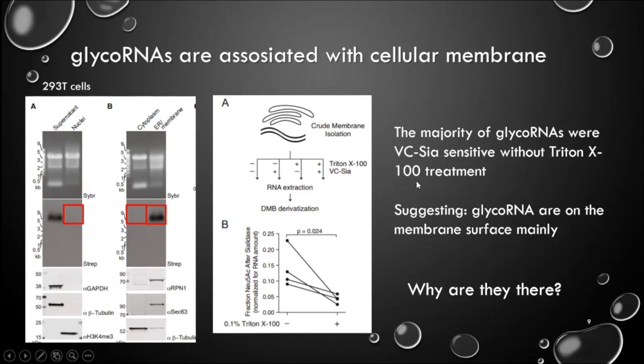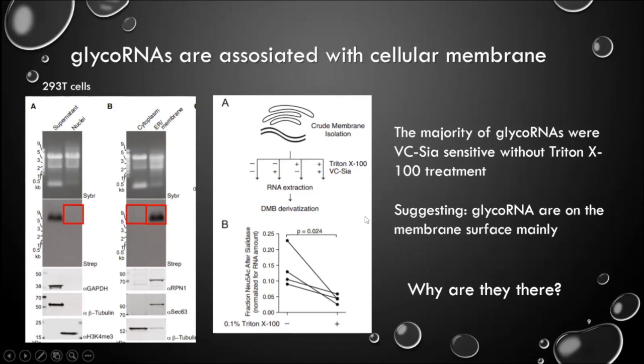They performed an experiment with crude membrane isolation using the detergent Triton X, which is supposed to destroy the membrane, and VCC, which is the enzyme that digests the sialic acids. Then after that treatment, they isolated RNA and again used the previously described DMB derivatization to show whether or not the peaks specific for Neu5Ac or Neu5Gc are present.